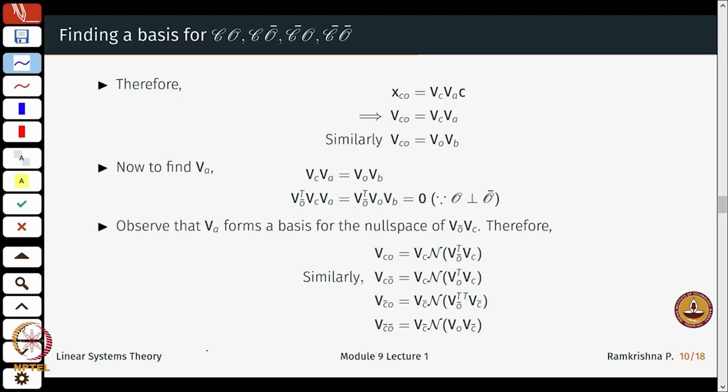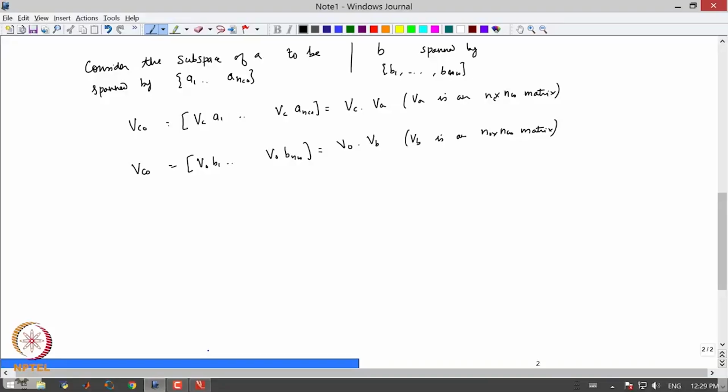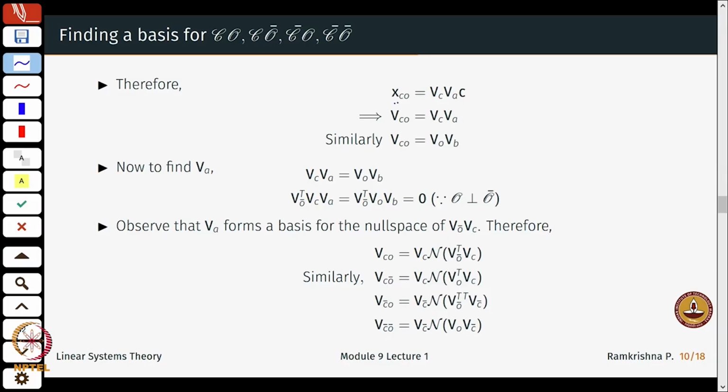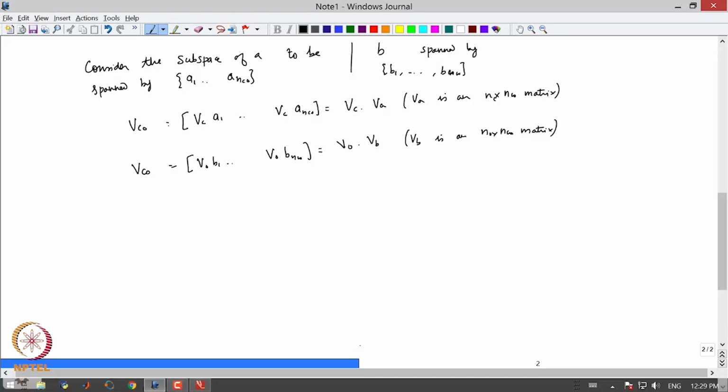So, this means that now I can write these vectors, let us go here, that xc naught as Vc VA times C, or this also comes from this thing here. So, Vc naught is Vc times VA.